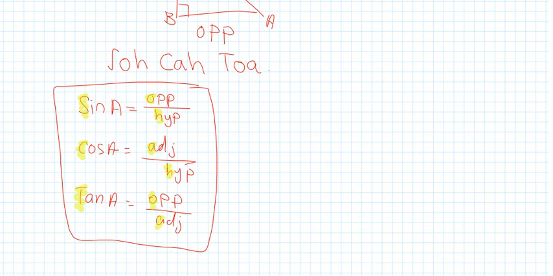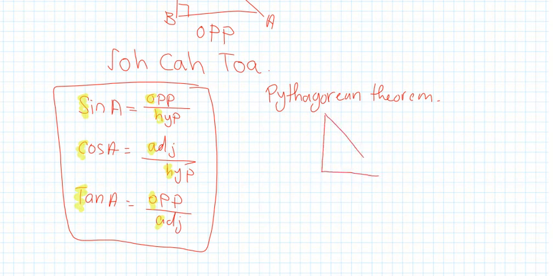Pythagorean theorem. How many of you have heard of Pythagorean theorem? Good. Pythagorean theorem can only be used with right angle triangles. It says that if I call my sides A, B, and the hypotenuse C, if I add the squares of the two legs, it's going to equal the square of the hypotenuse.